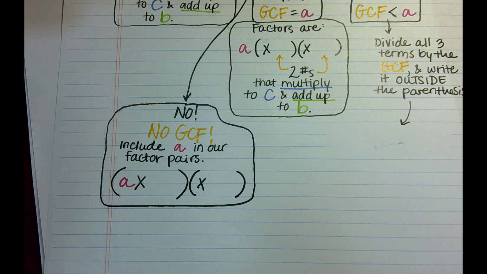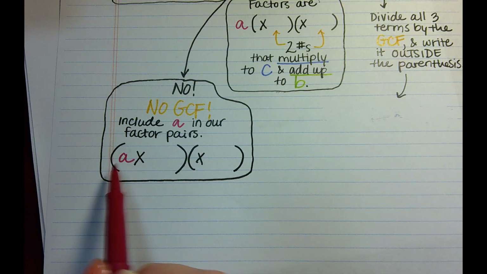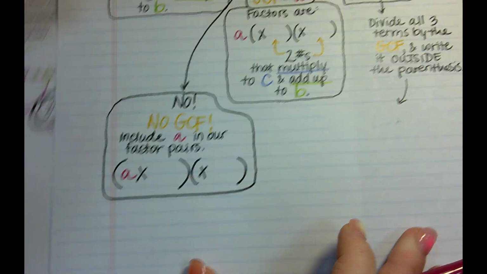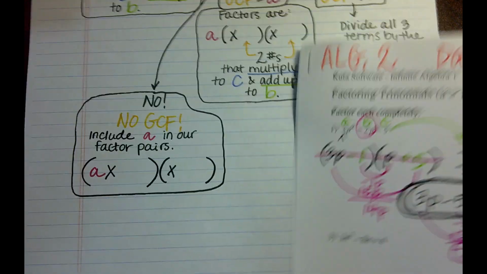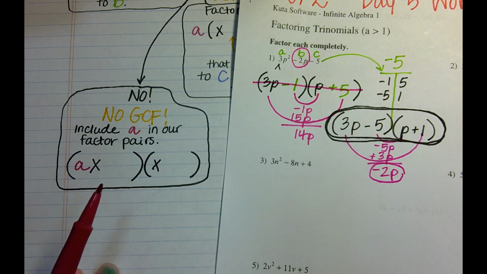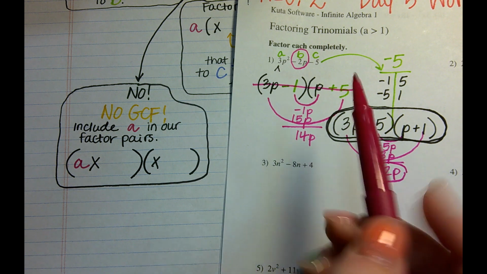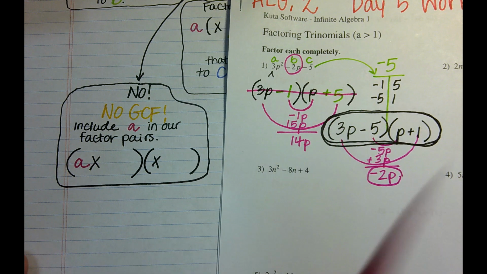A good thing to note here is also that we know A is in our factor pairs, but what process did we end up having to do here? We included A, and then we used which method? The rainbow method, yes, where we multiply the inner terms and the outer terms.